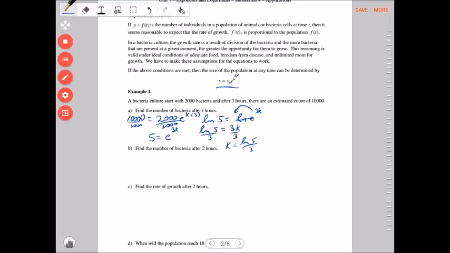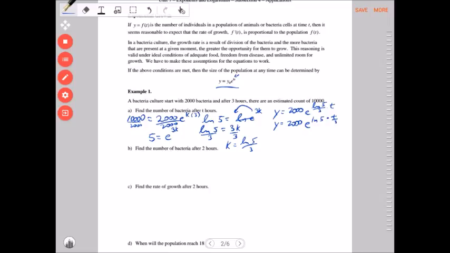So now getting the formula, y equals, we start with 2,000, e, then k we said was ln 5 over 3, times time. Now, one more thing I want to show you here, because this is always going to happen as well. This 3, I can write it like this: y equals 2,000 e to the ln 5 times t over 3.